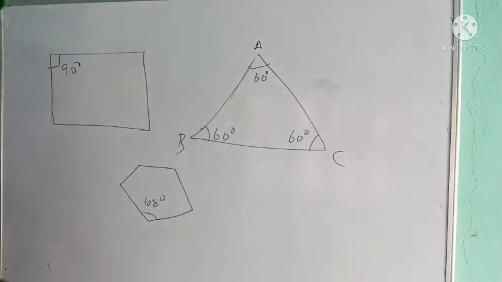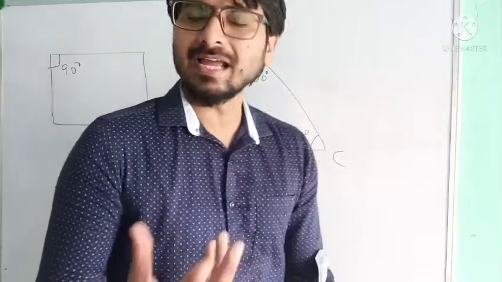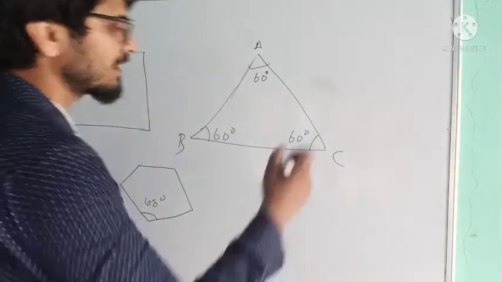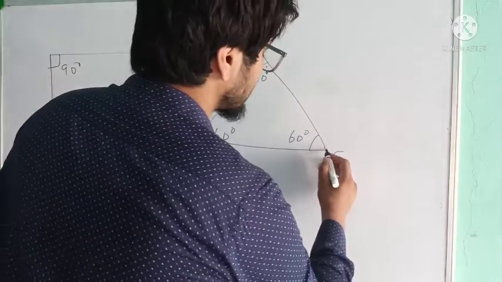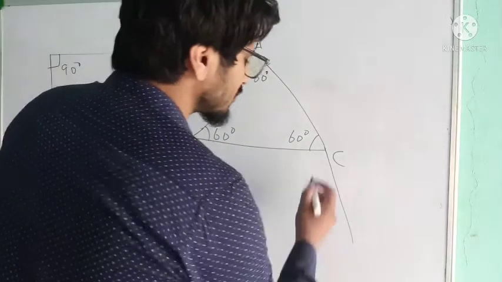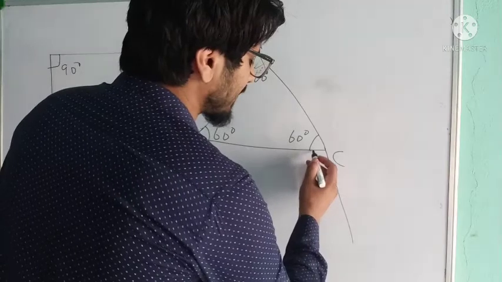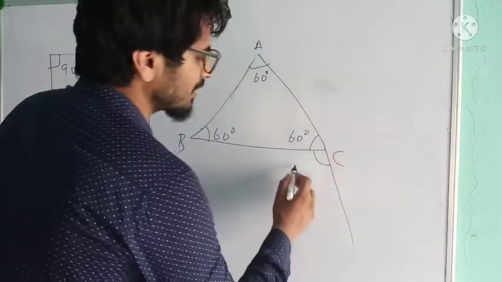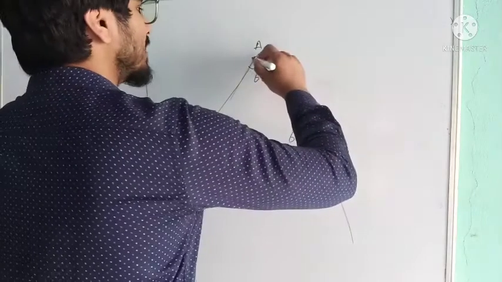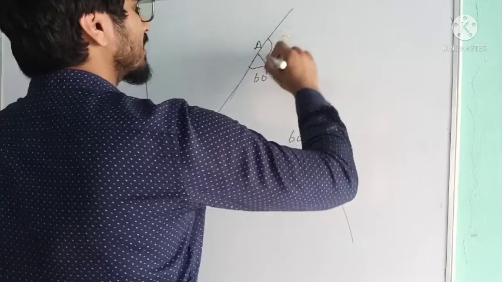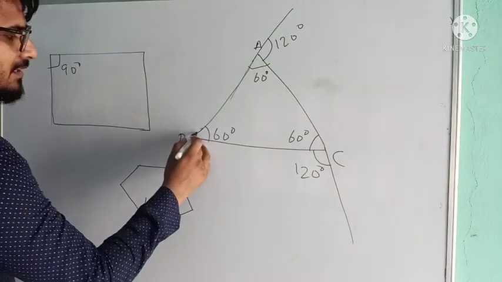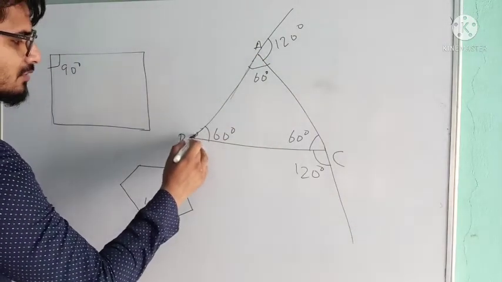You know that the angles of an equilateral triangle are 60 degrees. Now I'll just extend this. By linear pair, this will come out to be 120 degrees. Similarly here also it will be 120 degrees, and here also.